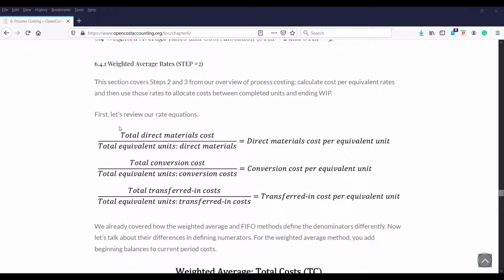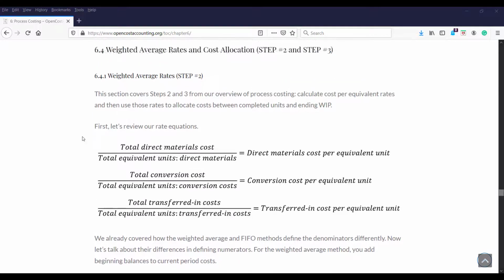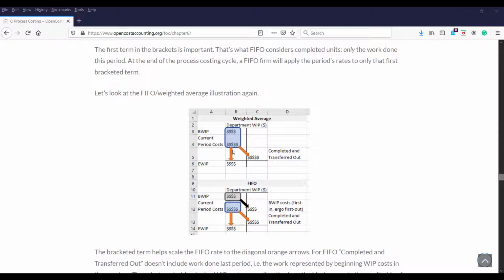And you would even code it that way when you're moving those costs to ending work in process and those costs that are getting transferred out. So even when you're taking the costs and moving them down here you're going to have some direct materials, some conversion costs, some transferred in costs, and you're going to have in the system some code that helps you separate those, because otherwise next period you couldn't separate them out in beginning WIP.